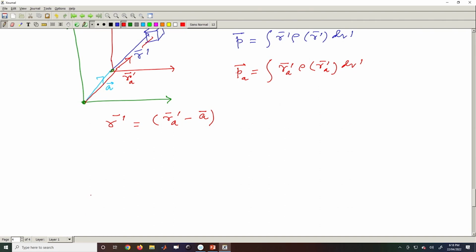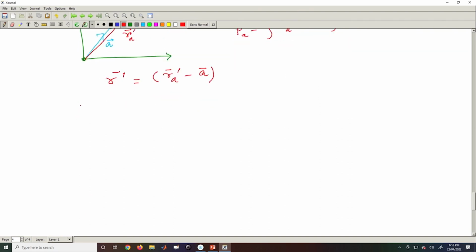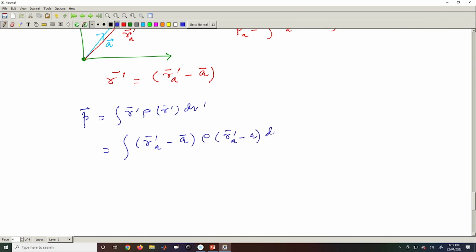So, if I put that and try to understand the relation between these two dipole moments. So, P is equal to integration of r prime rho r prime dv prime. Now, I am going to put the value. So, this is r prime A minus A and rho r prime A minus A and dv prime.